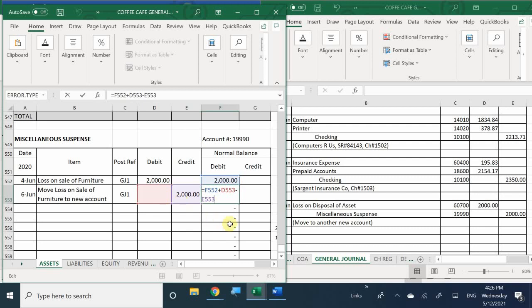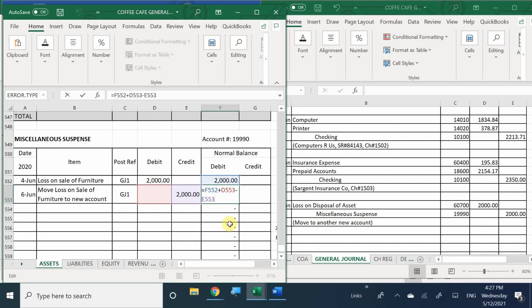Okay, so think of it this way. My current balance is 2,000. If I have a debit, I'm going to increase my balance. If I have a credit, I'm going to decrease my balance. So in this case, am I increasing or decreasing my account? I'm decreasing it by how much?